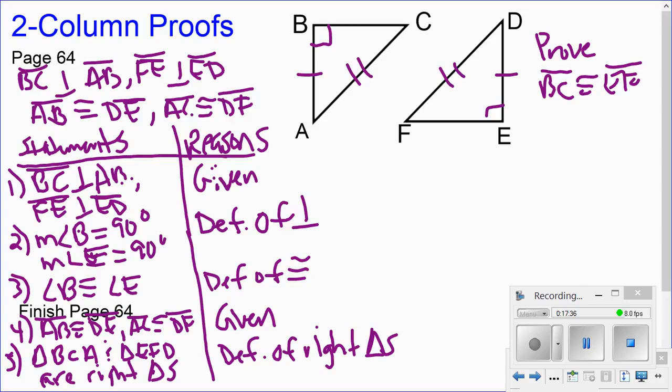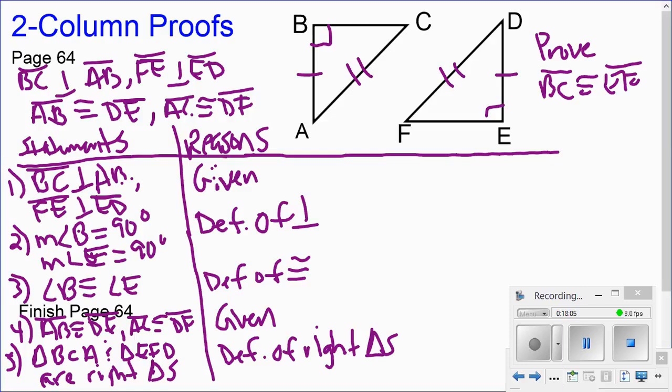Okay, so because they're right triangles, then I only need 2 pieces of information along with the fact that they're right triangles, not 3. So we have our given sides that are congruent, and we know that they're right triangles. So I'm seeing I have a hypotenuse and a leg in both triangles. So I'm ready to say that the 2 triangles are congruent.